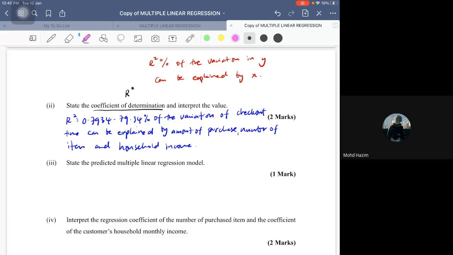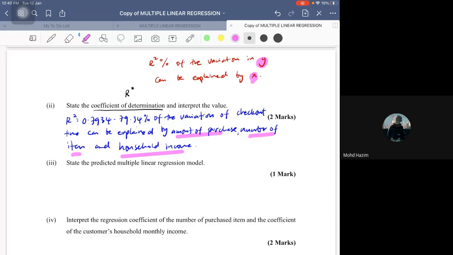But the only thing that you have to do for each case is substitute what is going to be the y for that particular problem and what is going to be the x. So it's going to be the same for simple linear regression. It's going to be the same idea for multiple as well. The only difference is that for multiple, you can have more than one x variable that you have to list out. That's it.